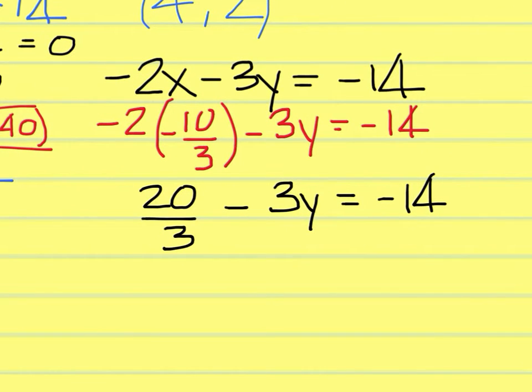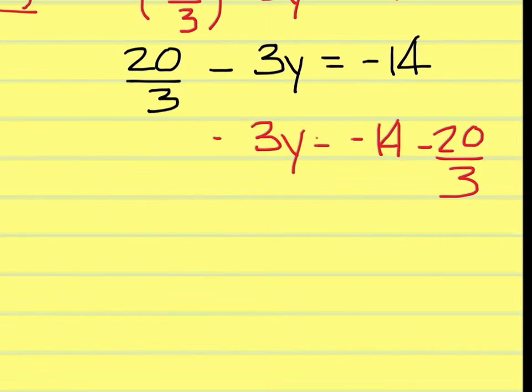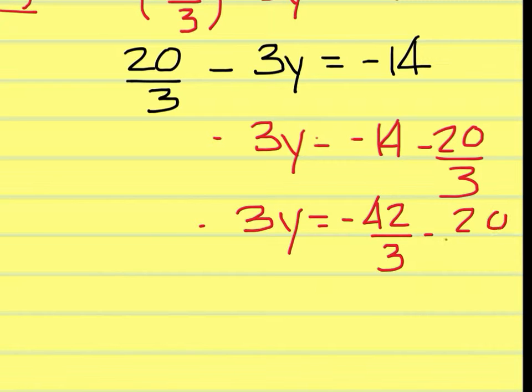And when I do that, I have to change the sign and make it -20 over 3. I need a common denominator of 3, so that will give me a -42 on top, 3 on the bottom.